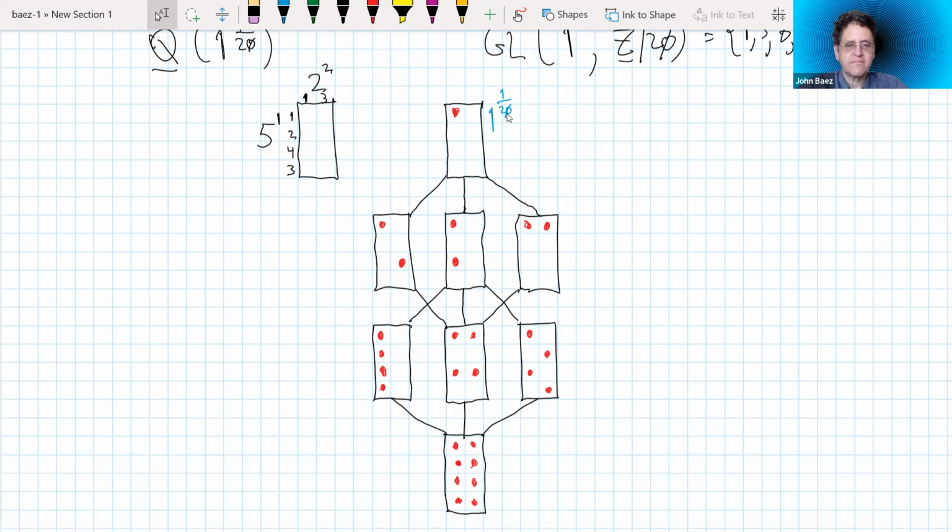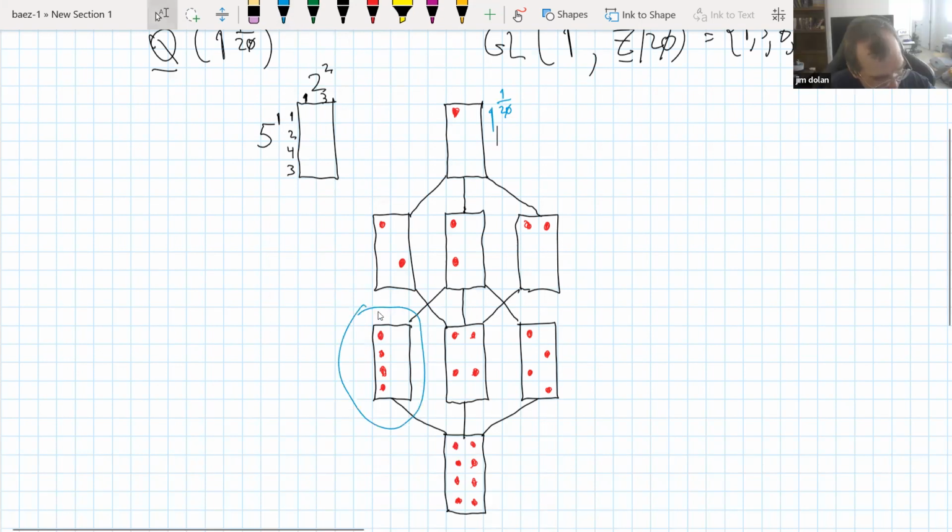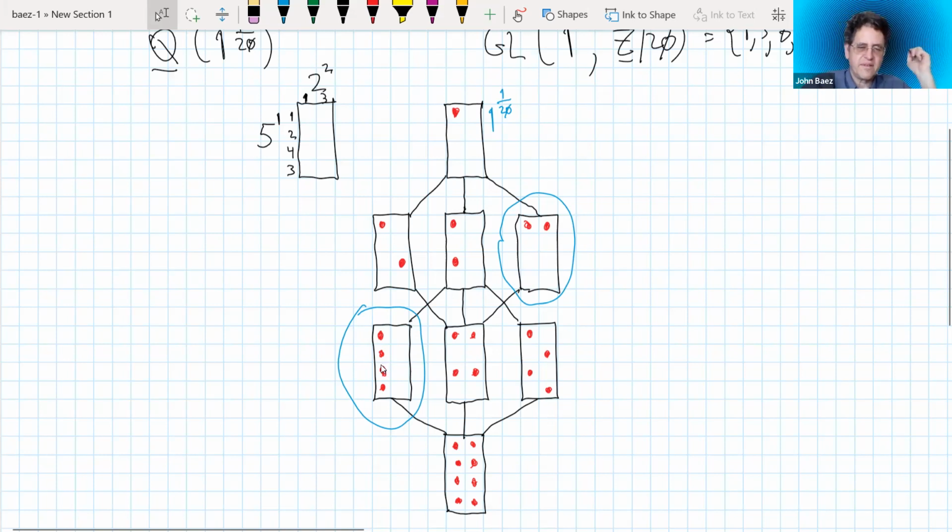Now, this field over here and this field over here are also cyclotomic fields. This one over here is the fourth cyclotomic field. Again, I'm blurring together the subgroups and the subfields. I'm drawing the subgroups, but I'm talking about the subfields that they correspond to in the Galois correspondence.